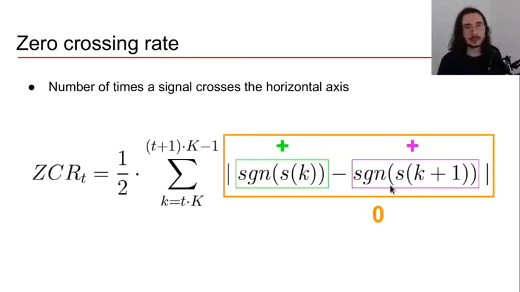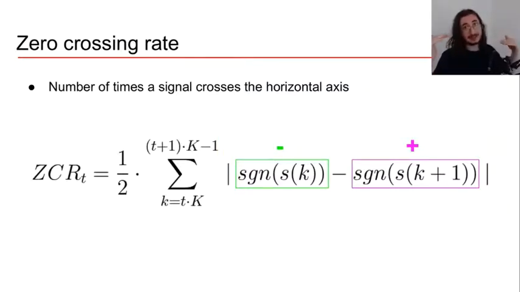So we don't get any value that is going to increase the zero crossing rate. But if we have alternate opposite signs, so say, for example, at sample k we have a negative amplitude, and at sample k+1 we have a positive sample.